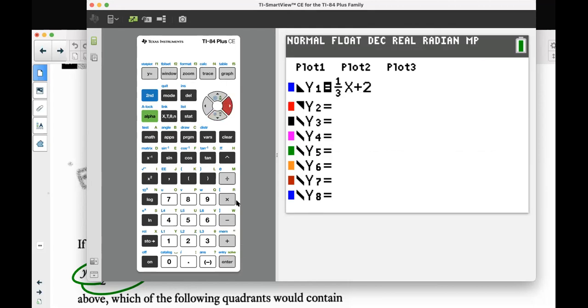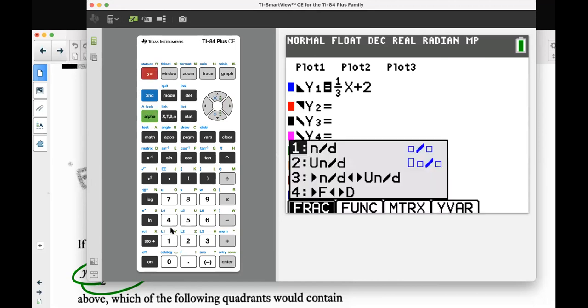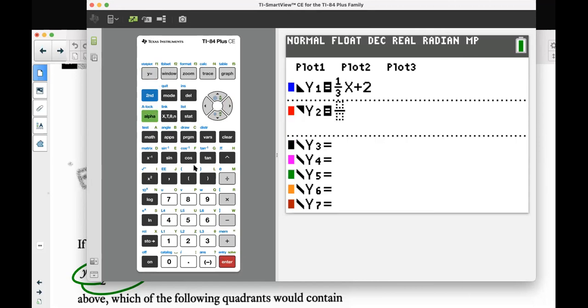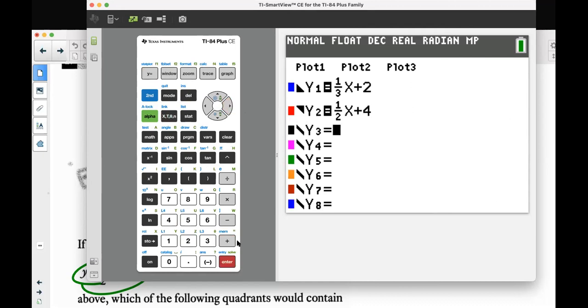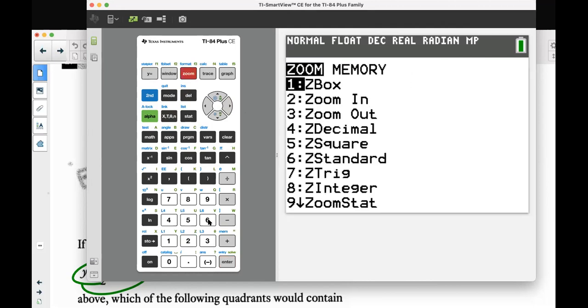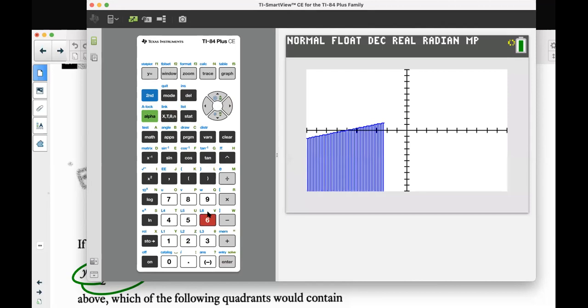Then y is 1 over 2 x, and then plus 4. And what we want to do is sketch them on the standard number 6. So let's see what happens. That's the first one.